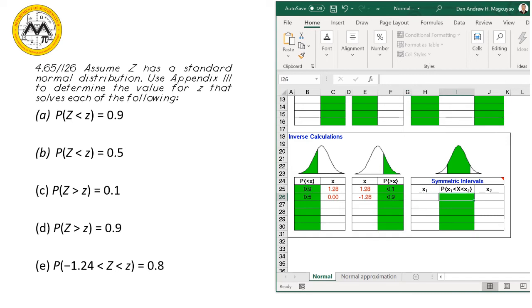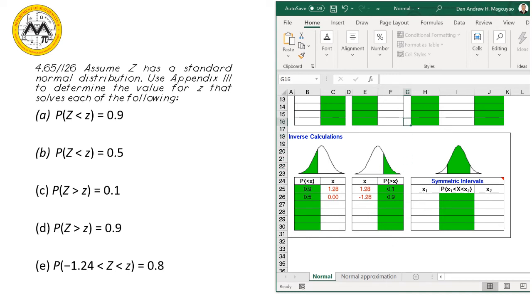And for this one, it would be in between two values. Since this is symmetric, and this is from negative 1.24 to positive z, the area is 0.8.